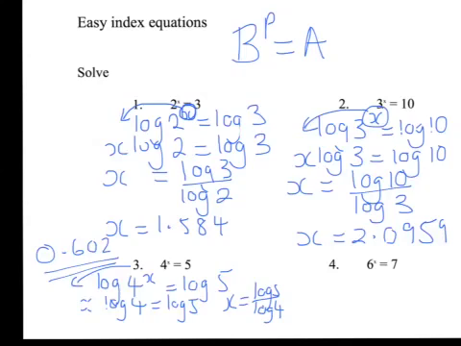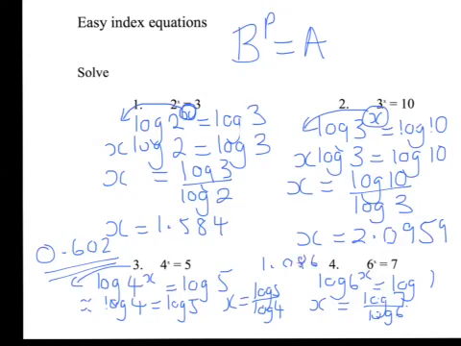Question 4. We're going to take logs of both sides, so log 6 to the x equals log 7, and then we're going to move him down. In fact, I'm going to do this in one go, so it's log 7 over log 6. So log 7 divided by log 6, I think we're getting something like 1.086. Okay, easy.